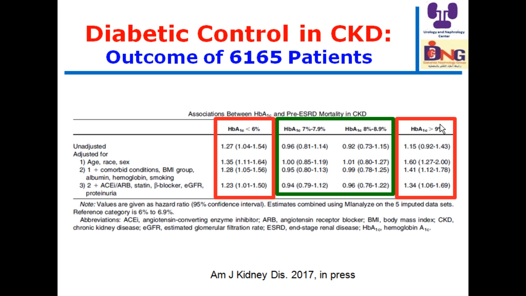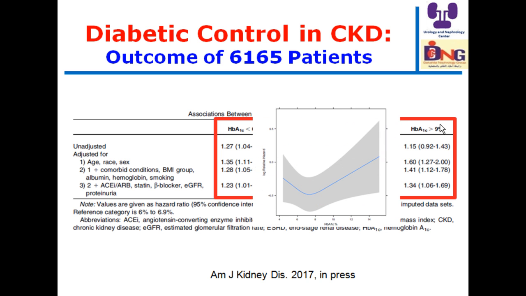And if the patient experiences any hypoglycemic episodes, we can be even more relaxed, reaching up to 8.5% to avoid the risk of hypoglycemia, because our priority in established chronic kidney disease is not only strict control of diabetes, but the highest priority is to avoid hypoglycemia. So the relationship of A1C to mortality follows a U-shaped curve. If it is less than 6% or above 9%, mortality is increased.